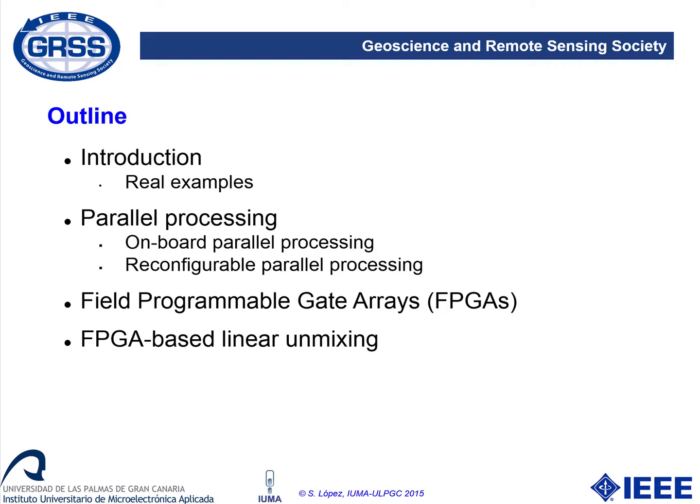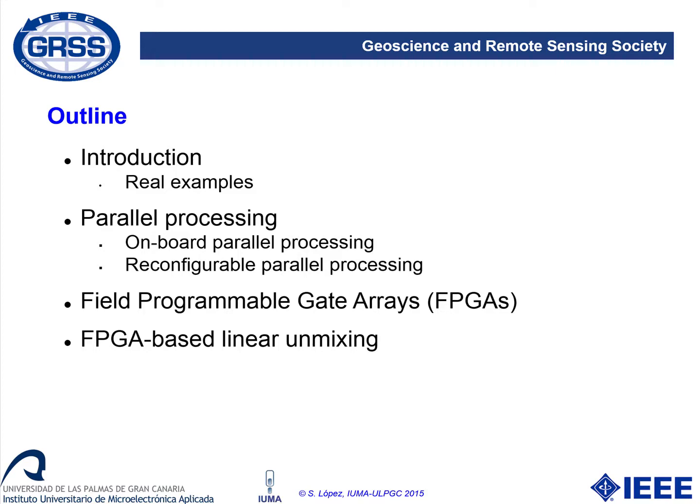Then I will introduce some general concepts about parallel processing, and in particular I will focus on two different scenarios for parallel processors which are relevant here, which are onboard parallel processing as well as reconfigurable parallel processing.